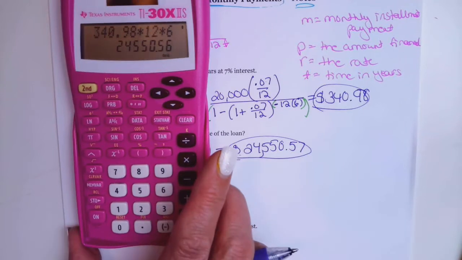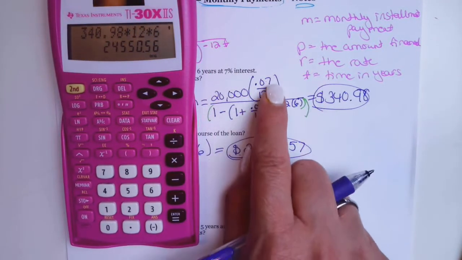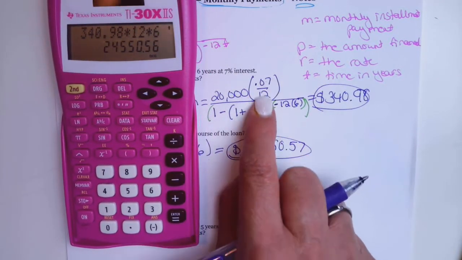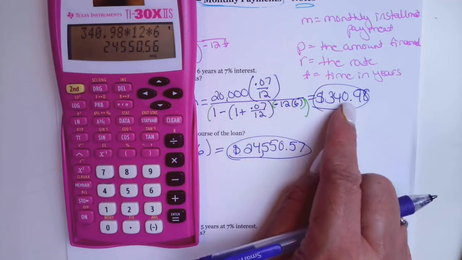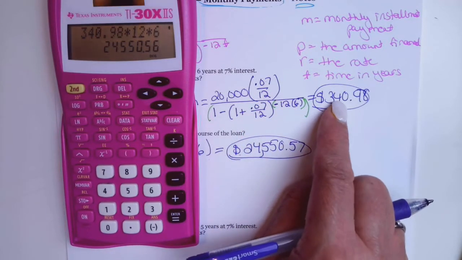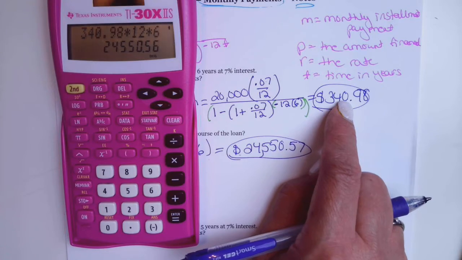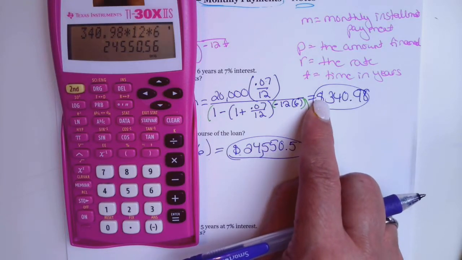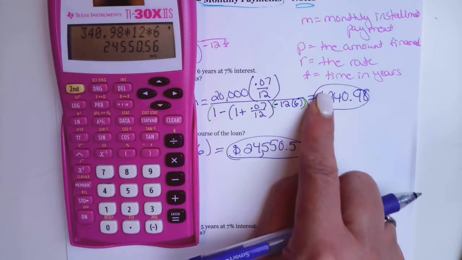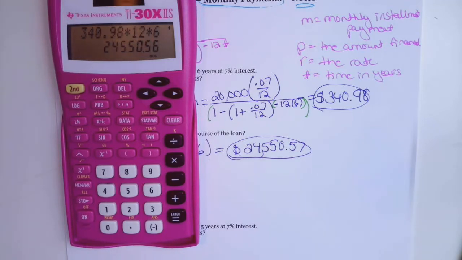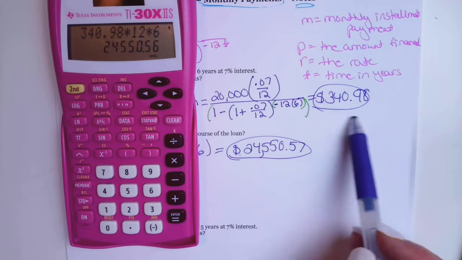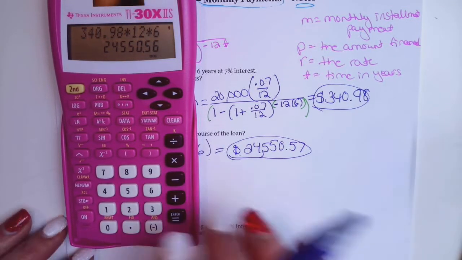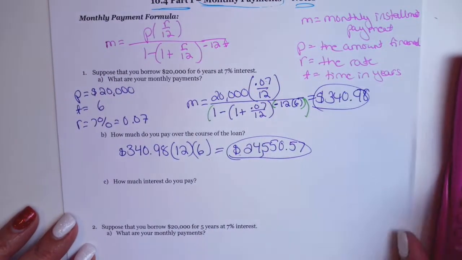And if you're doing each of these separately and rounding, then you're going to get probably even the dollar amount a little bit different. But it should be about 340-something as your answer for the monthly installment. It just depends on how you round it.